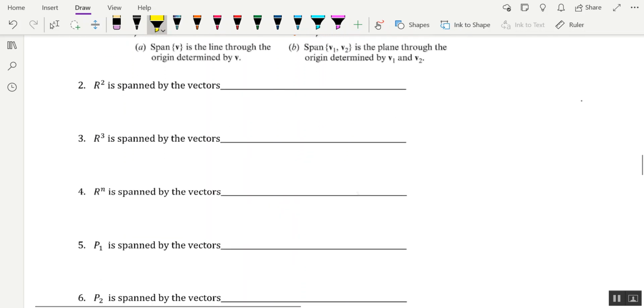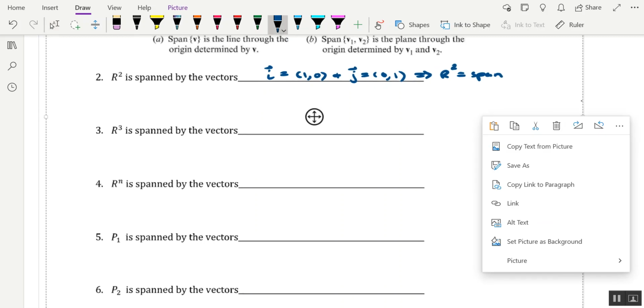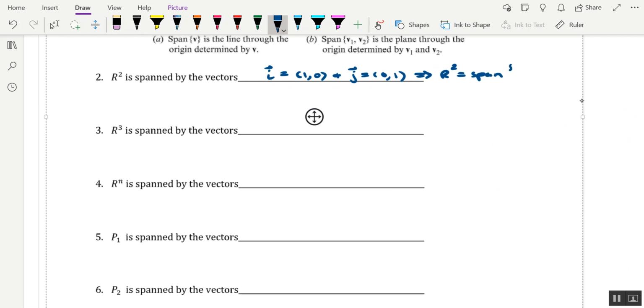To finish this video up, I want to give you sets of vectors that span different vector spaces. We'll start with the n spaces. R2 is spanned by the vectors i and j. In component form, i is (1, 0) and j is (0, 1), which implies that R2 is equal to the span of the set of vectors consisting of just i and j.